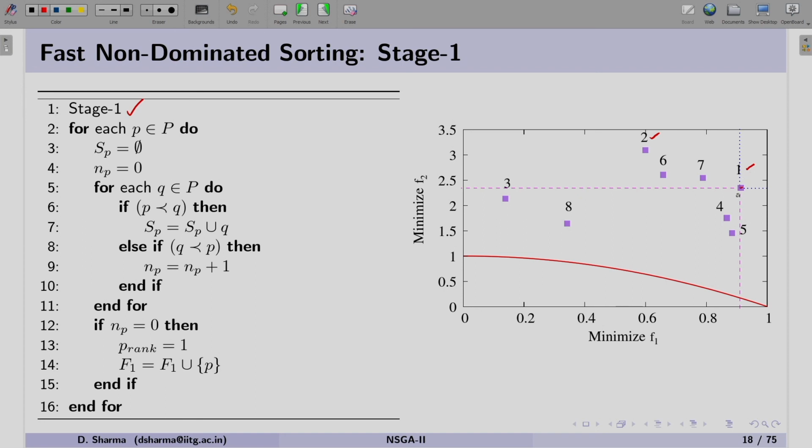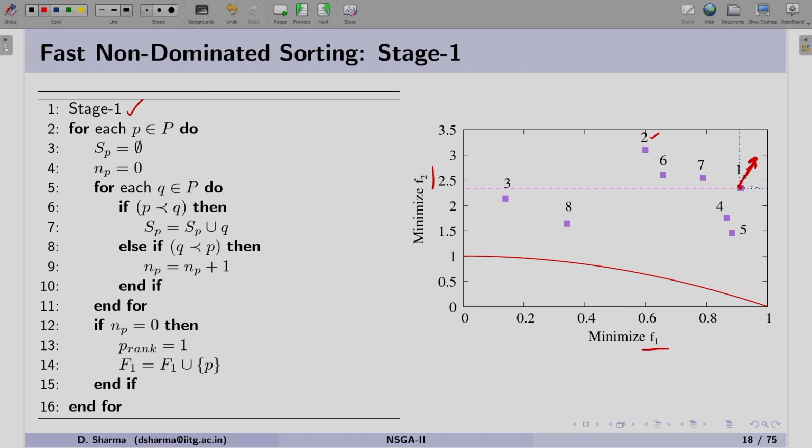Since it is a 2 objective problem and both are minimization, we remember that if we take solution 1 as our reference and look into the first quadrant, the right hand side top corner, any solution lying in this rectangle is dominated by 1. Current status says that there is no solution which is dominated by 1.